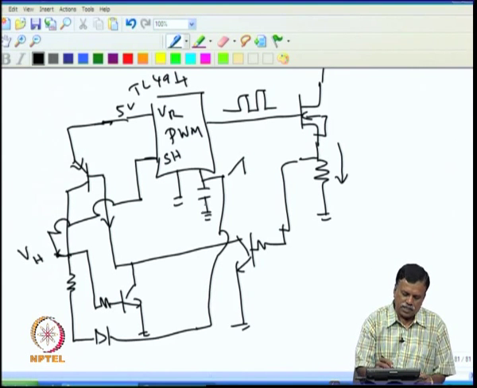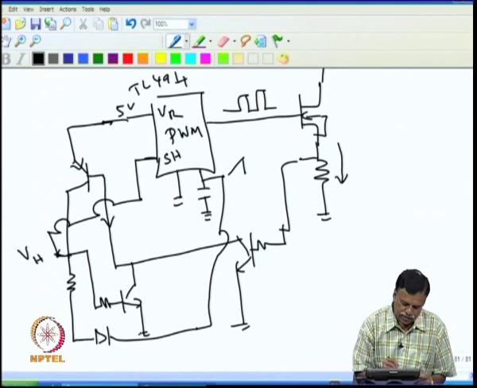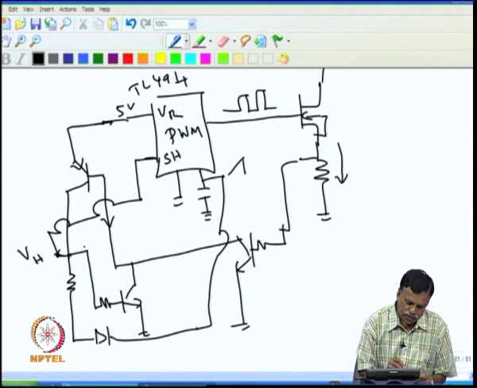So when the current is low, there won't be any voltage, this won't be conducting, and this voltage is also 0, and this is not interfering at all.